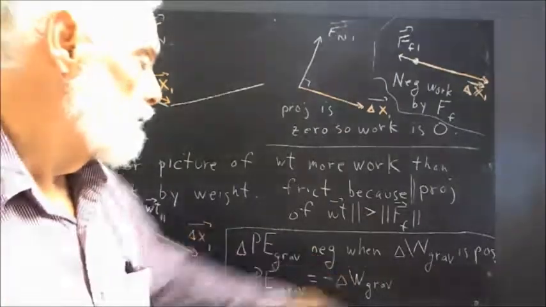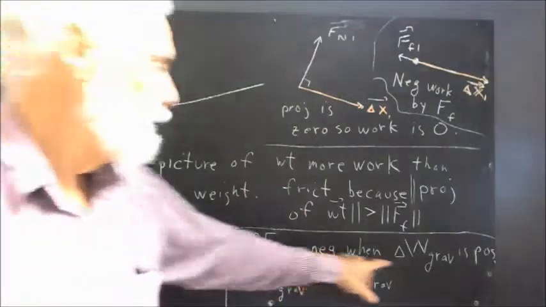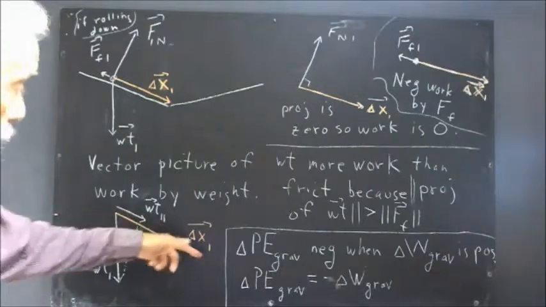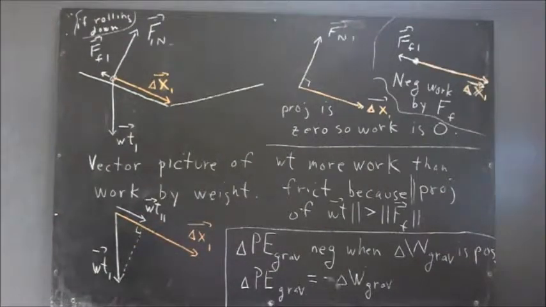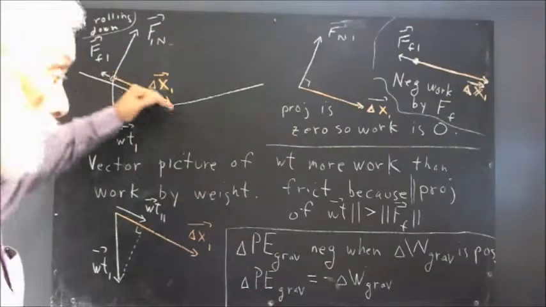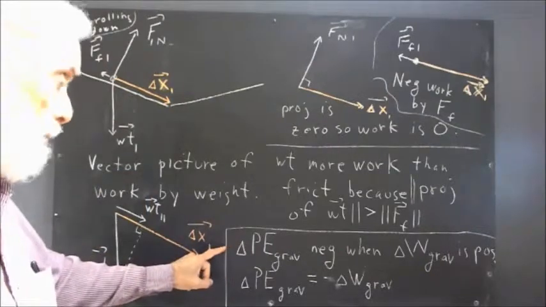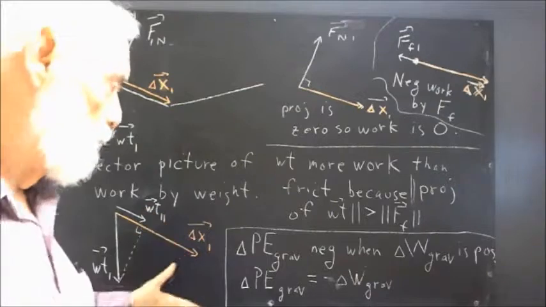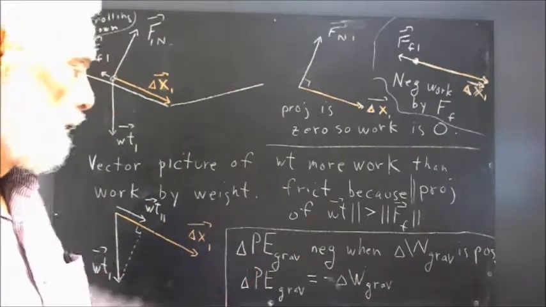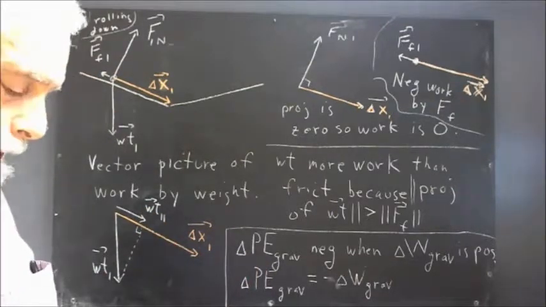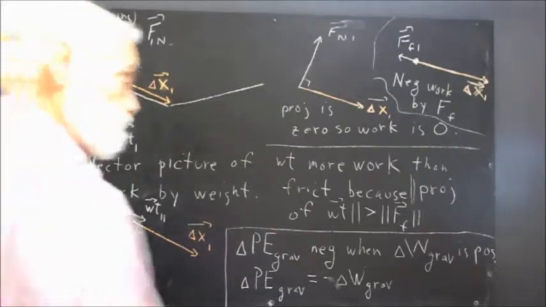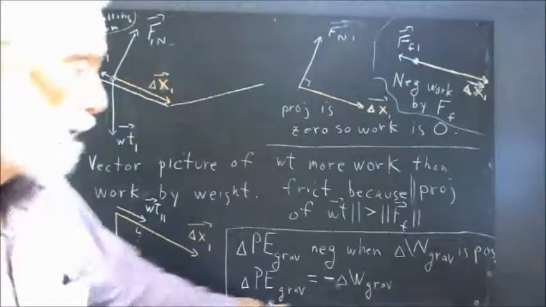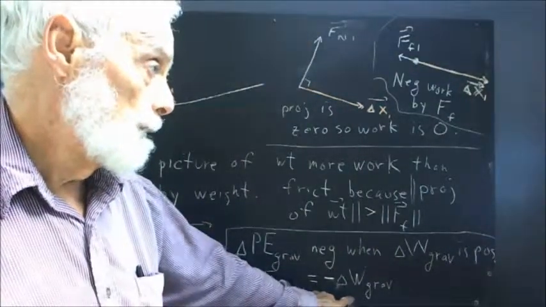So the gravitational potential energy turns out to be negative when the work done by gravity is positive, because here we see the work done by gravity is definitely positive, but the potential energy of the ball is decreasing. So that's kind of a paradigm example you want to keep in mind when we get to the more formal definition of potential energy. In this case, the change in gravitational potential energy is equal and opposite to the work done by gravity.